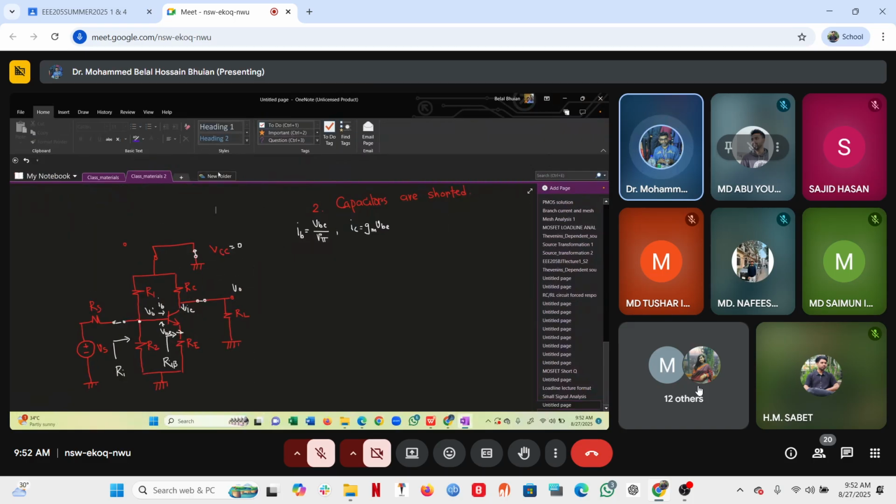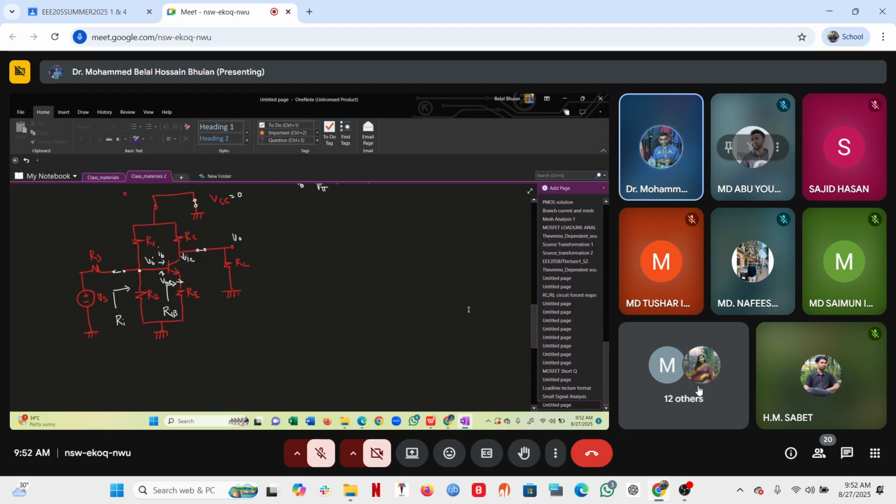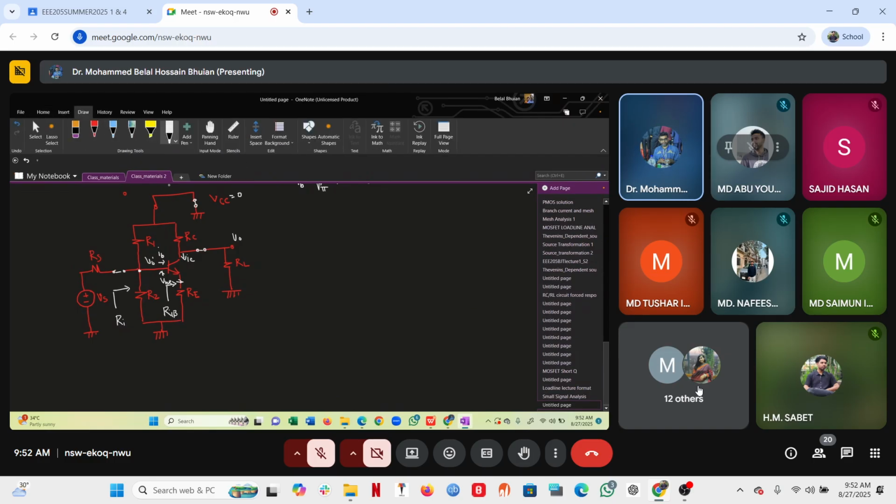Now, it is possible for me to simplify the circuit and draw it in simplified form. Let's say that is our base, that is our collector, this is our emitter, and this is our ground.